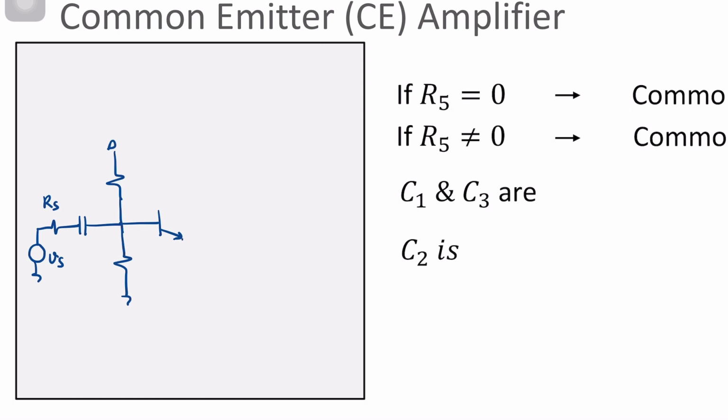Let's use an ideal current source first, like we did in the common source amplifier, to be consistent, but you can replace it with a resistor.